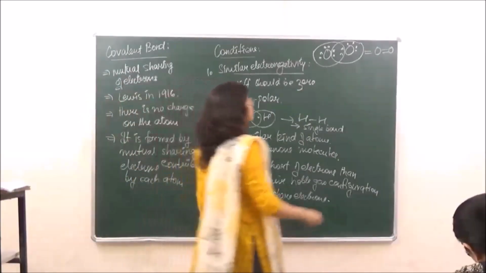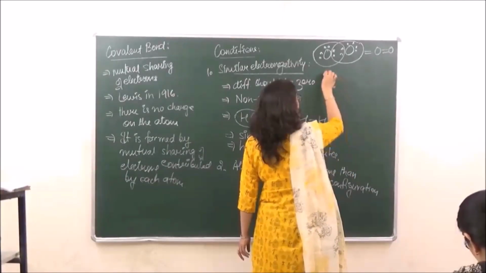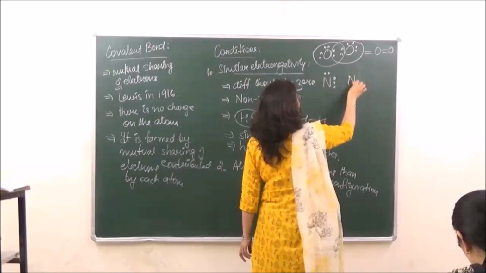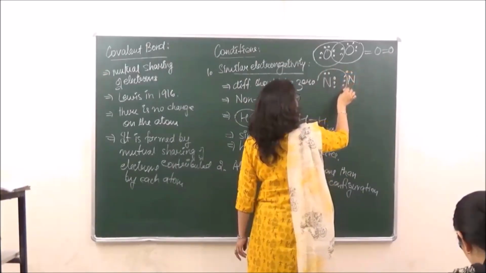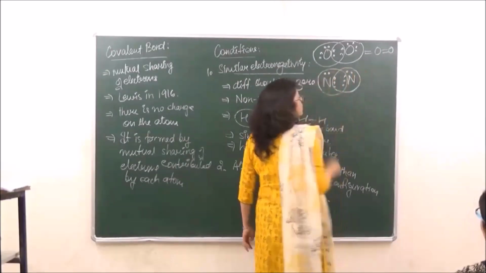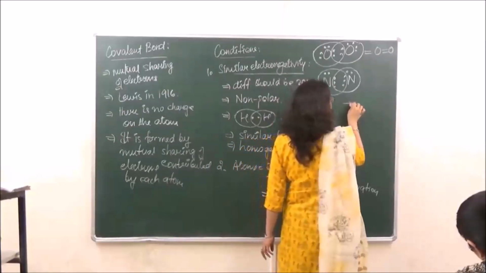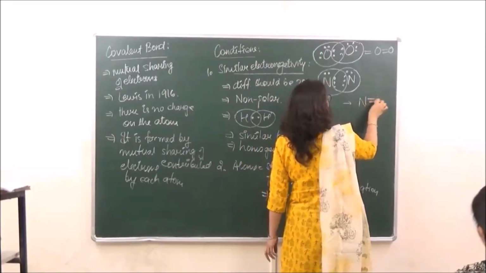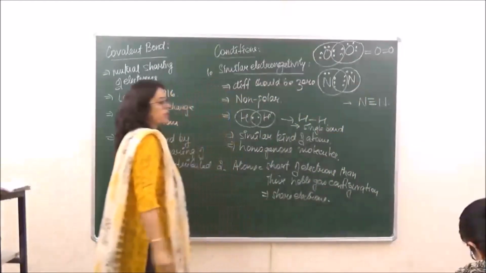Similarly, nitrogen has 5 electrons, and you can see that 3 electron pairs are being shared, so nitrogen gives us a triple bond.